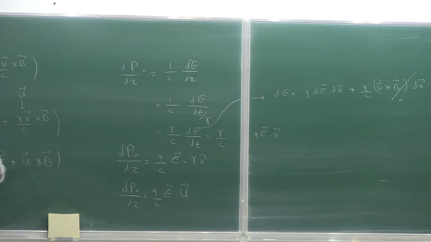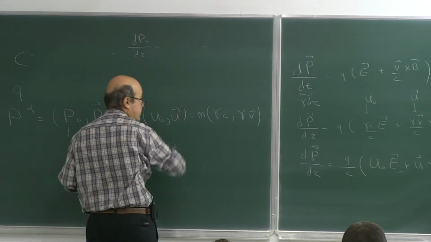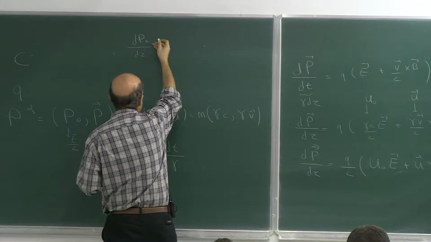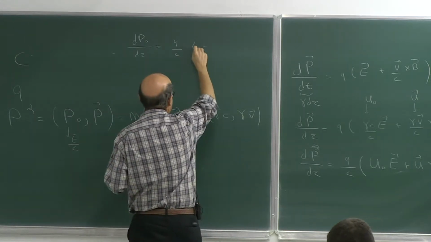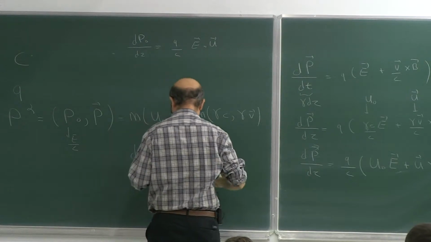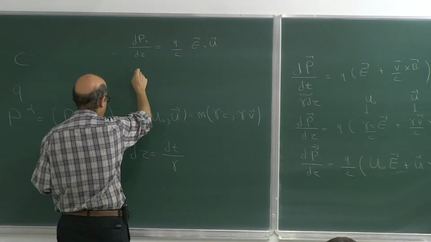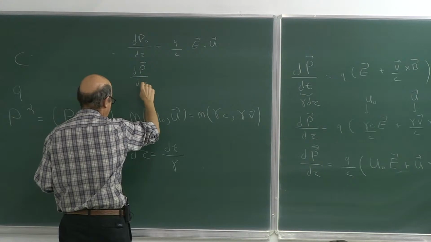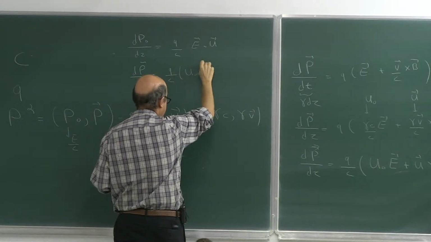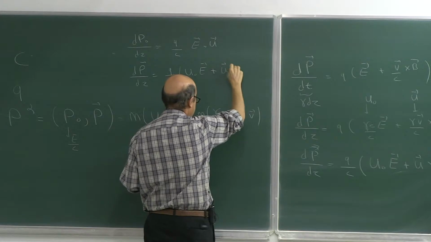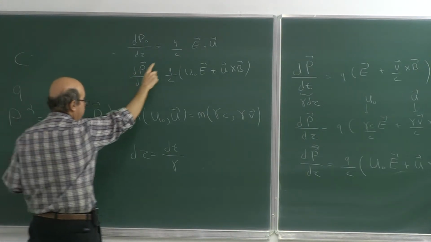The time coordinate of the 4-dimensional Lorentz force, dp0 over d tau, is nothing but the power, the energy rate, Q over C E dot U. And the space part of the 4-dimensional Lorentz force, dp over d tau, is equal to Q over C times U0 E plus U cross B. So this is the form, and Q is invariant, C is invariant.